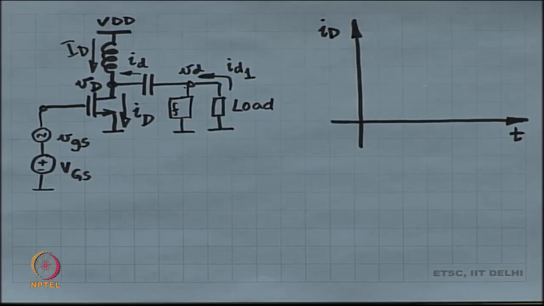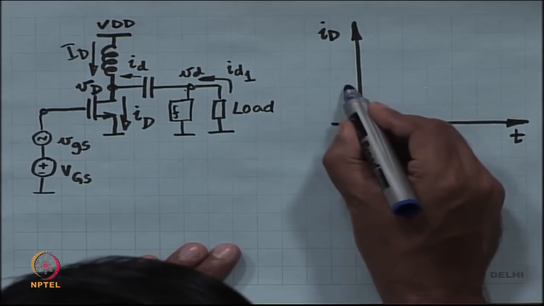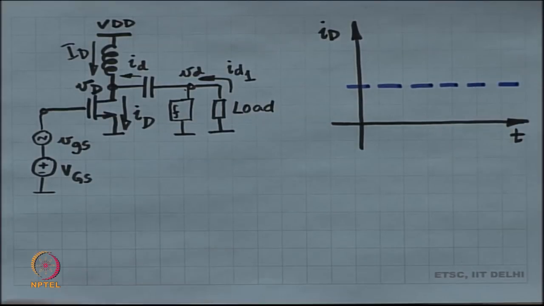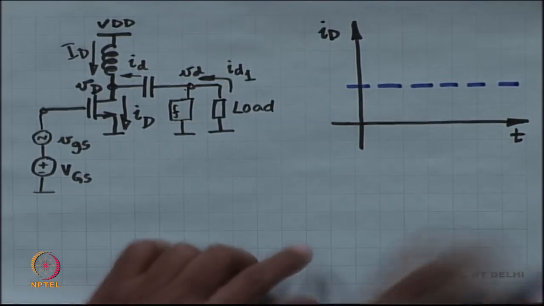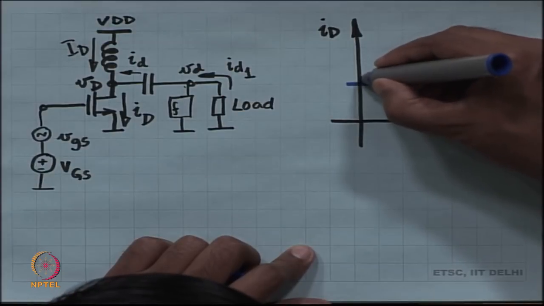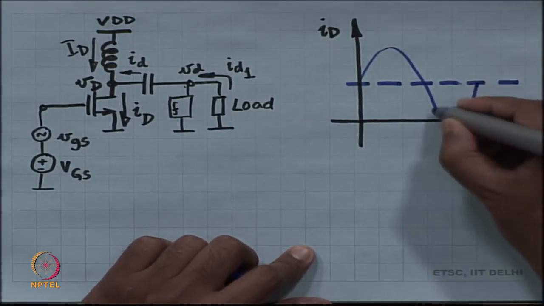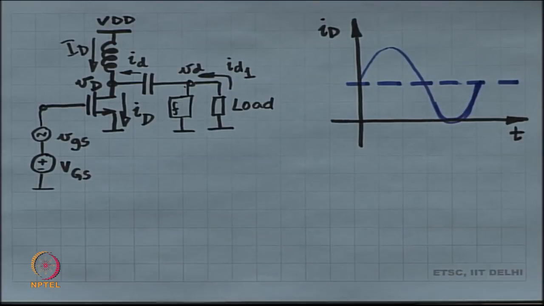This is small i_D as a function of time, and one possibility in class A, the best case scenario, is going up and down in this fashion.